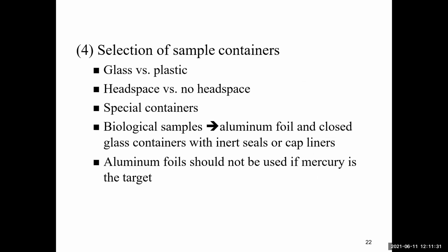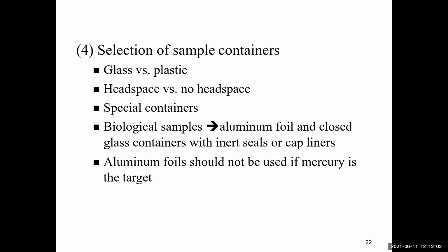Aluminum foil should not be used when mercury is the target. You all know about aluminum foil for the packing of foods. This is glass versus plastic. This is sample containers.